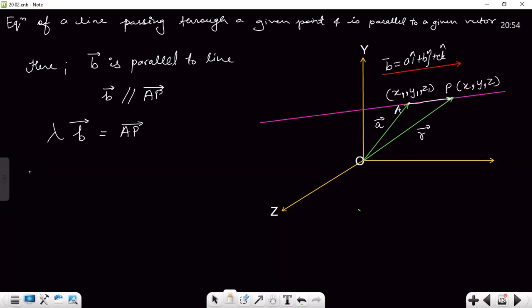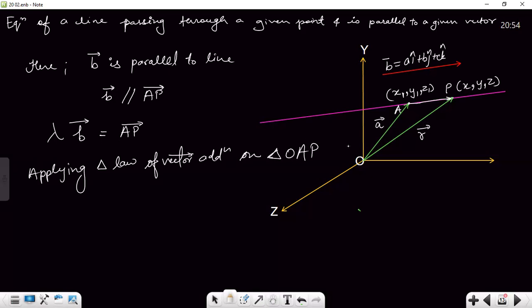Let me apply the triangle law of vector addition on triangle OAP. A vector plus AP vector is equal to the R vector. So we have A vector plus lambda times the B vector is equal to the R vector.